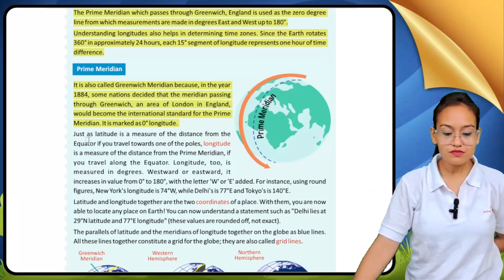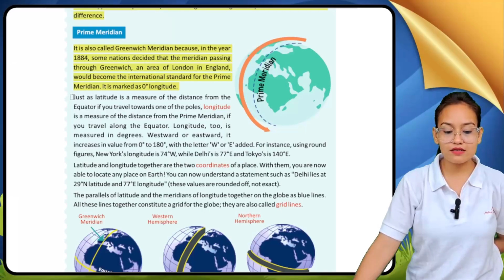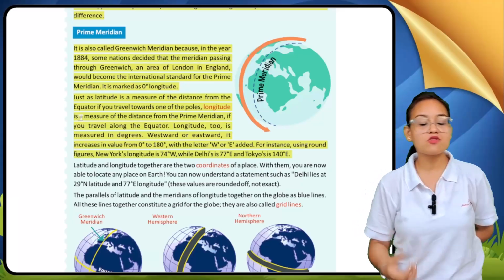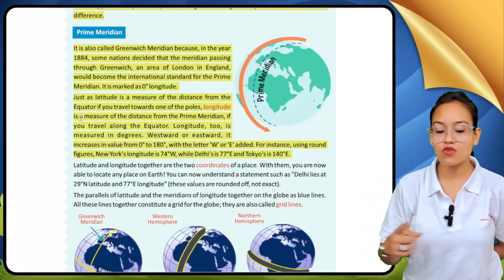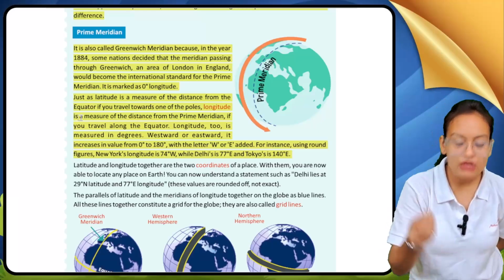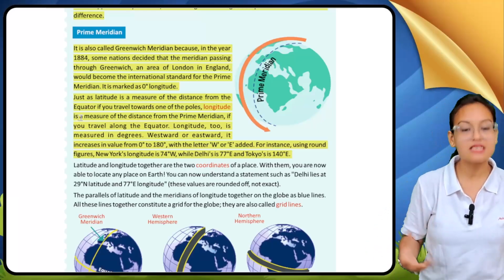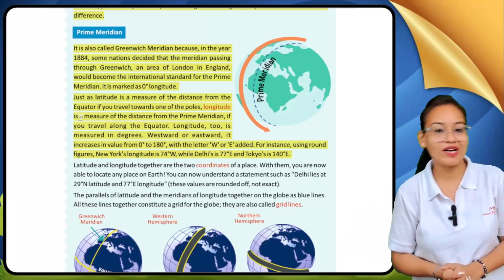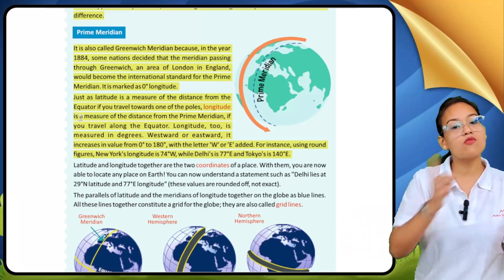Just as latitude is the measure of distance from the equator if you travel towards one of the poles, through latitude we can measure distance from the equator as we travel from one pole to another.